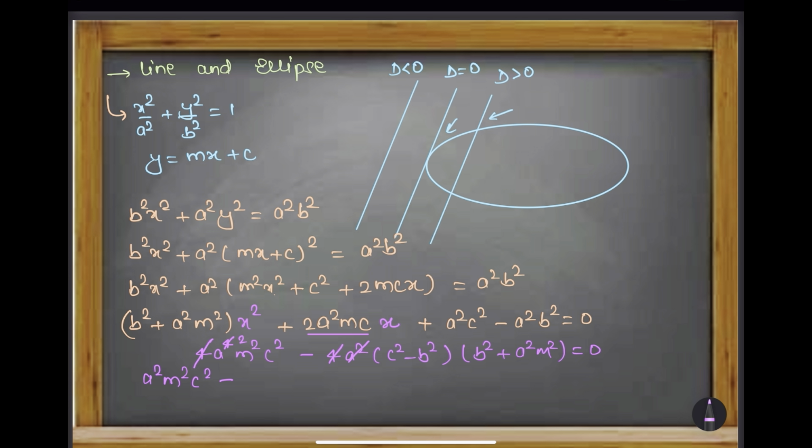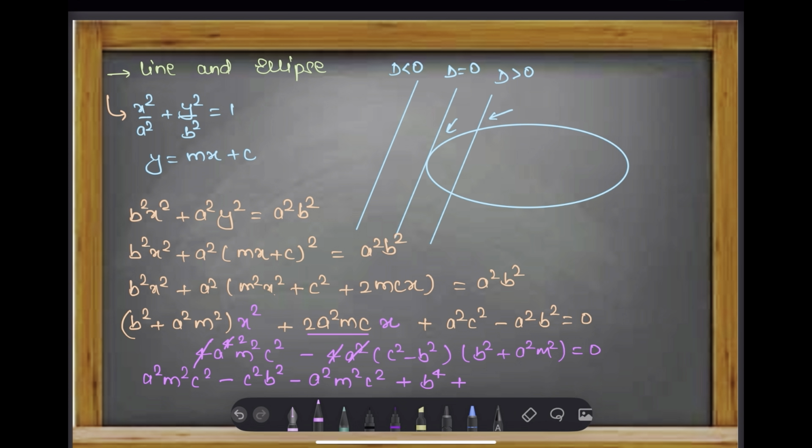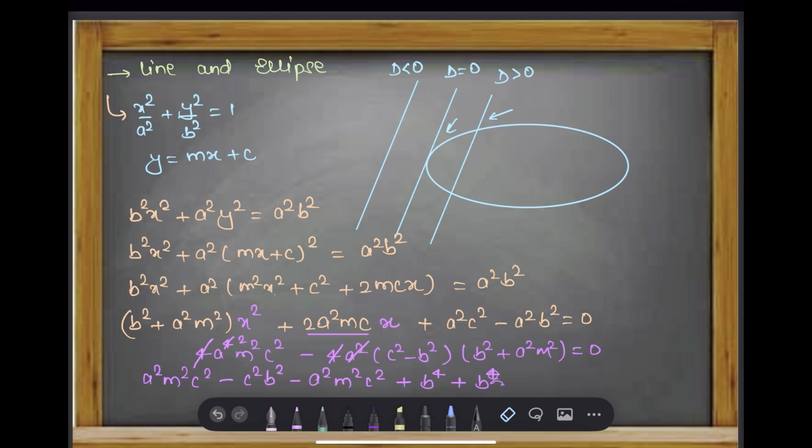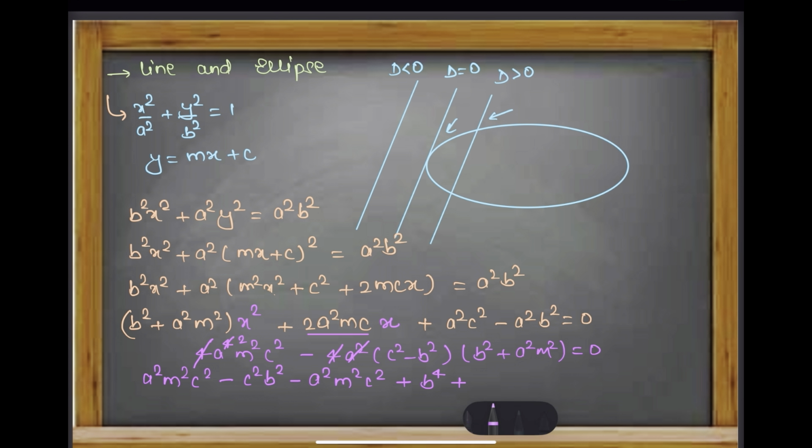Now let's open the bracket. So it is c square b square minus a square m square c square plus b power 4 plus a square b square m square, correct?